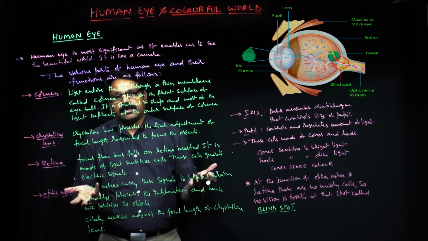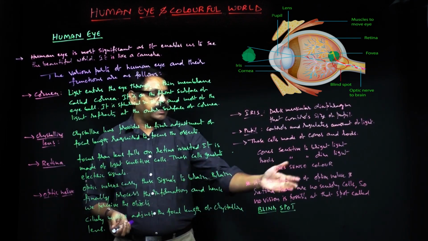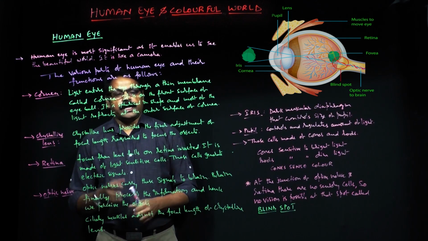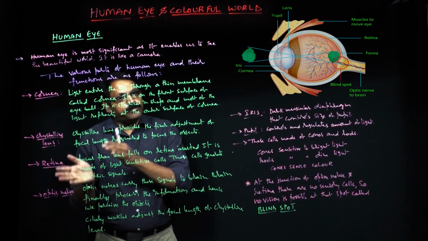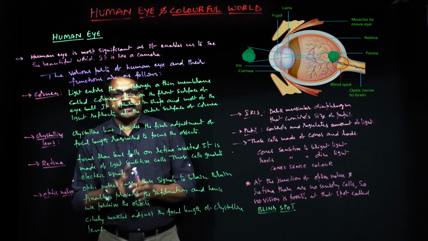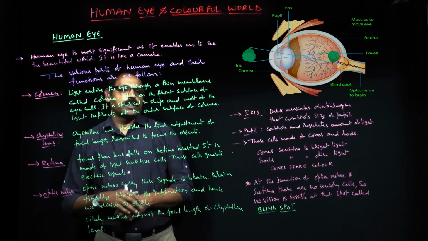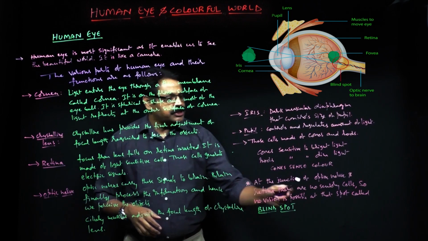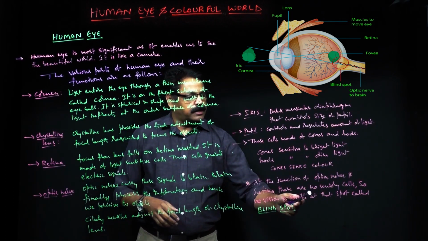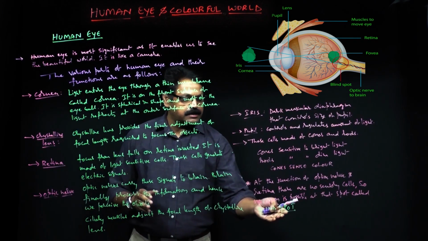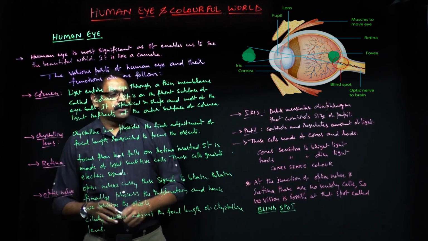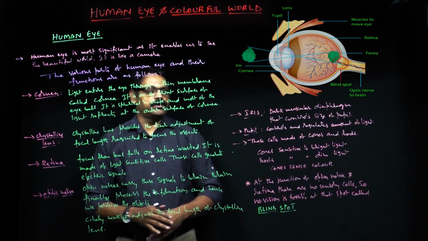So definitely when there are no sensory cells, there won't be any vision over there. That is what is called the blind spot. The junction of the optic nerve and retina, where you don't have any sensory cells, is called the blind spot. So this is one definition you need to remember.